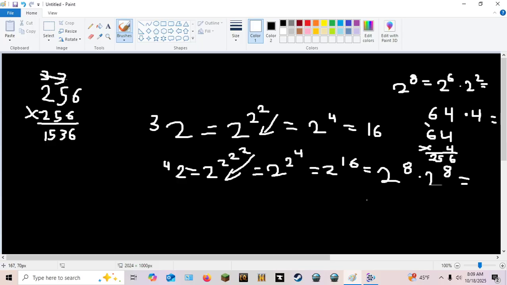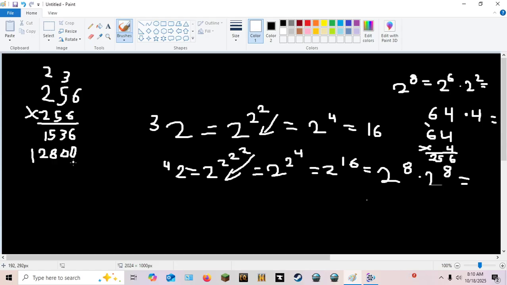Then we have to delete that. And then we have to put a 0 because 50 has 1 zero. And then 5 times 6 is 30. And then 5 times 5 is 25 plus 3, which is 28. And then 5 times 2 is 10 plus 2 is 12.